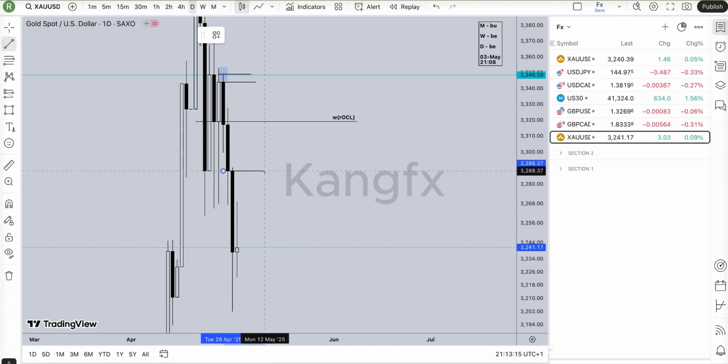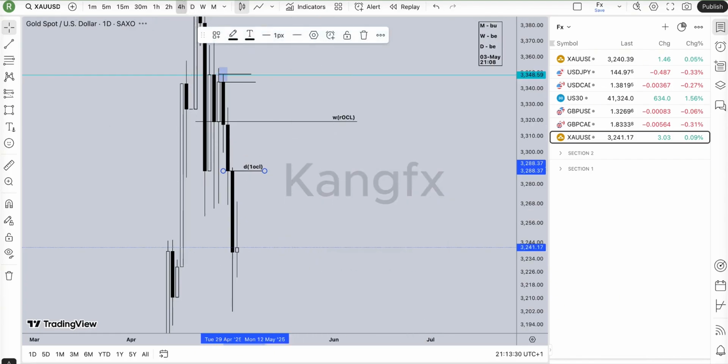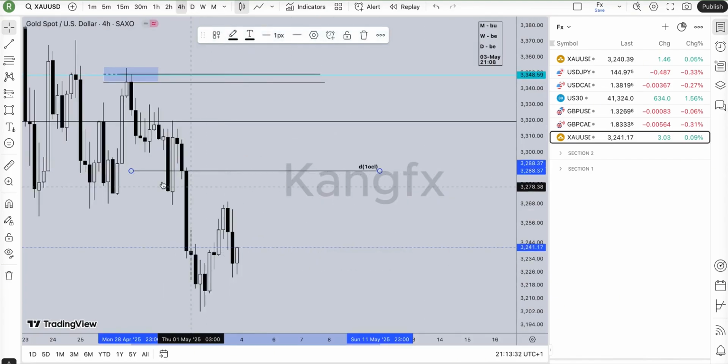Inside this daily OCL, that's 1 lap OCL, daily 1 lap OCL, let's see if there's any key level in there. If I check, there's a key level above here, which is this resistance.